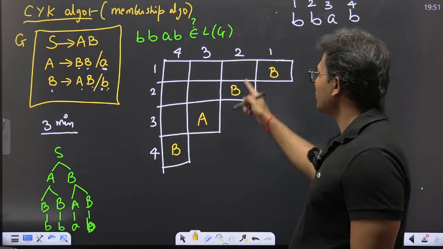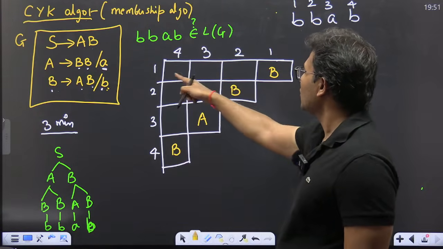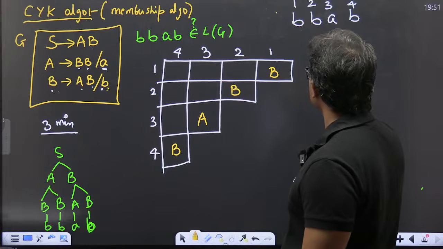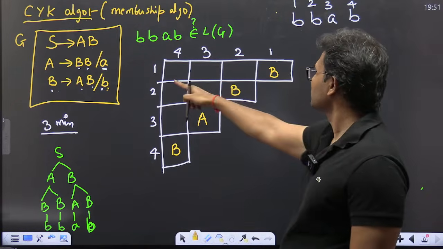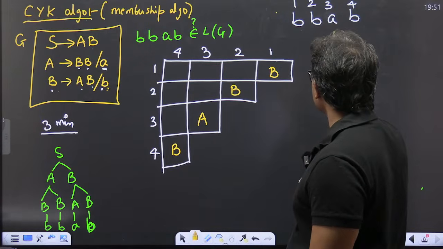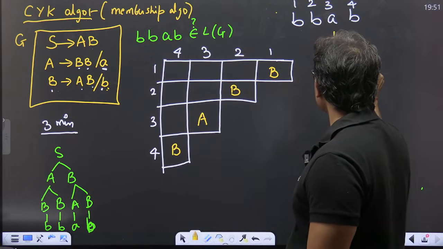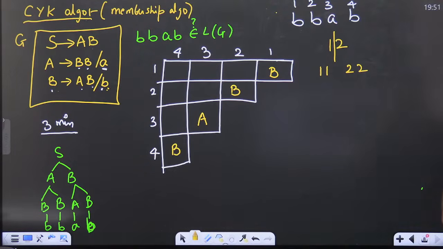Okay. Now do this. This is what? 1, 2, right? 1 and 2. You break it here, then you are going to get 1, 1, 2, 2.